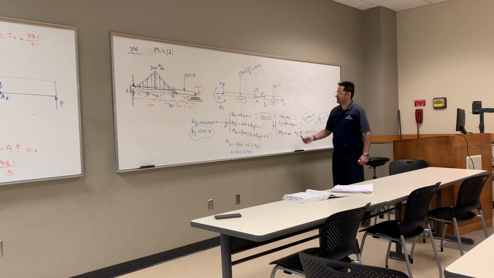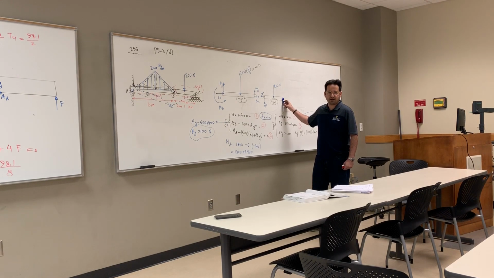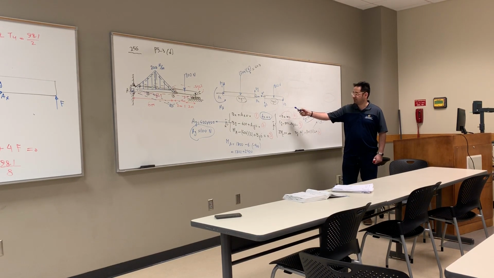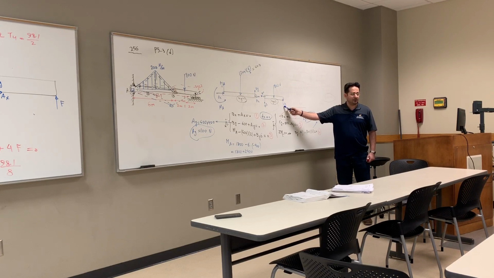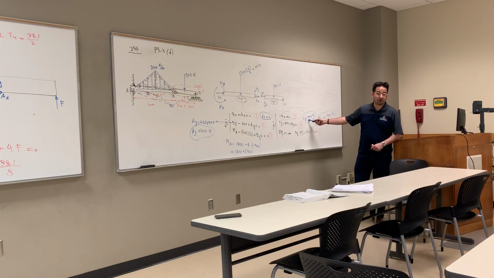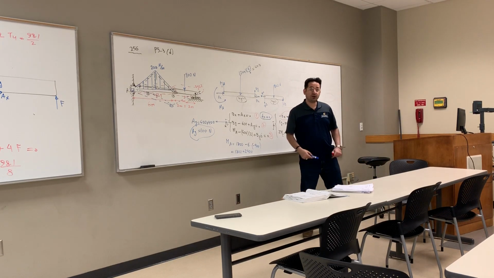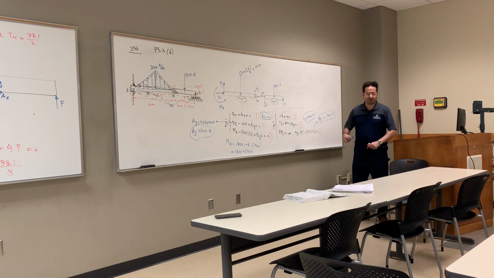This force that I chose in this direction, whatever answer I get should be positive. Although I don't know if positive 400 is right or not. Maybe it's 450, maybe I've done something wrong in the computation. But at least I know it's not negative 400.